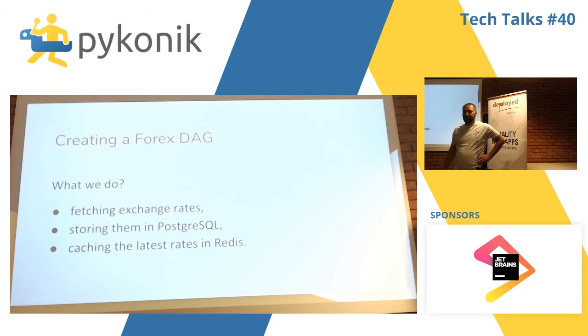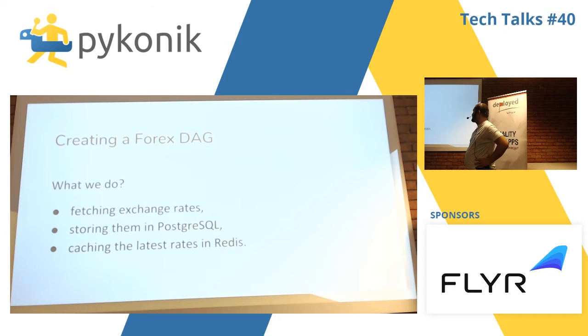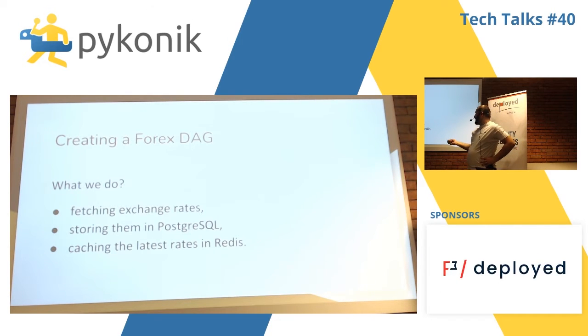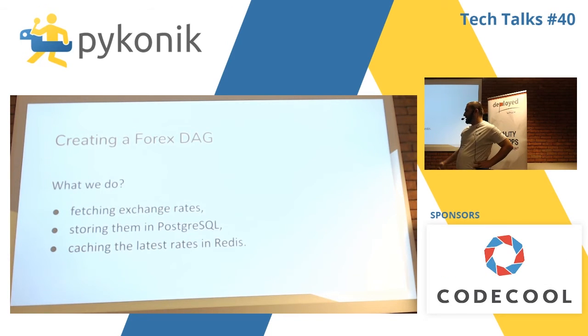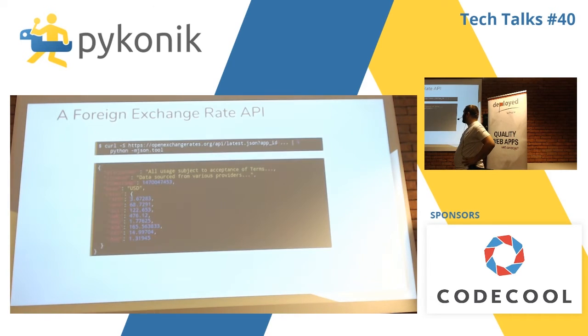Okay, so maybe let's create some code. The idea is to create the forex directed acyclic graph, and what we do is fetch data from exchange rates, store them in a PostgreSQL database, and cache the latest rates in Redis, so we don't read again the data we have from the previous fetching.